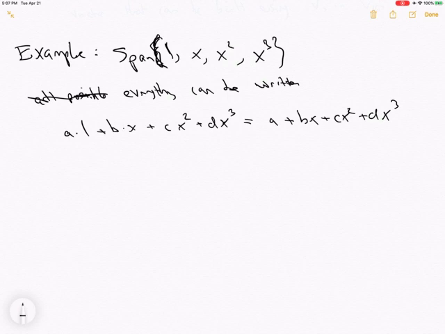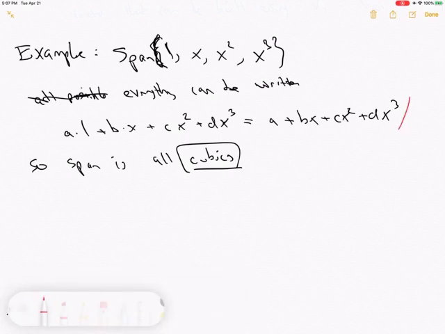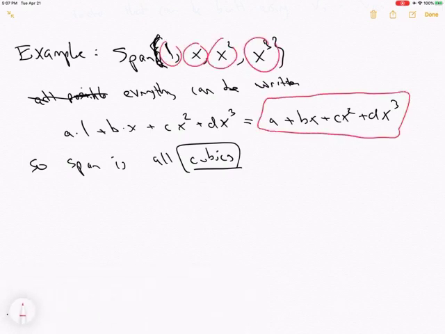So the span of this is all cubics. You get all cubic polynomials, degree 3 polynomials, because if you consider everything that can be built out of just these 4 pieces, you can scale each individual component by any number, and that leads you to being able to construct any degree 3 polynomial.